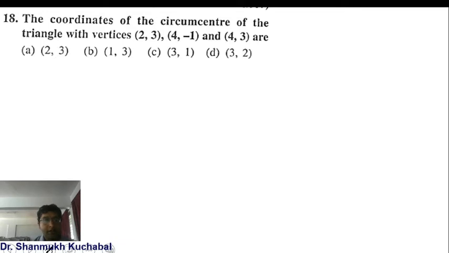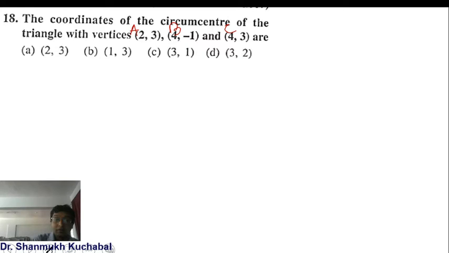The next question: the coordinates of the circumcenter of the triangle with the vertices (2, 3), (4, -1), (4, 3) are. We take the first point as A, the second point as B, the third point as C, and we use the distance formula.